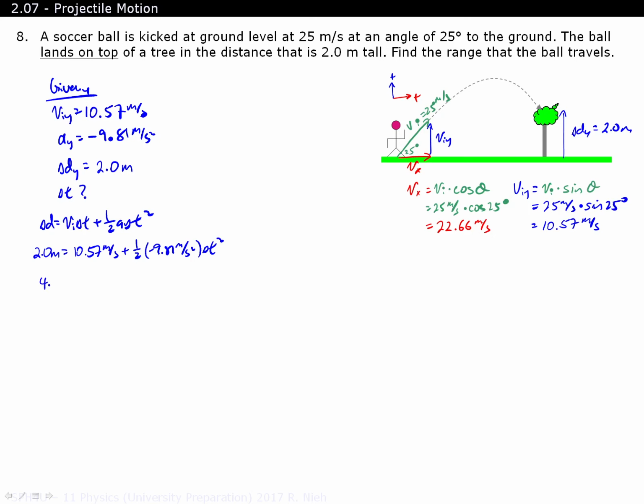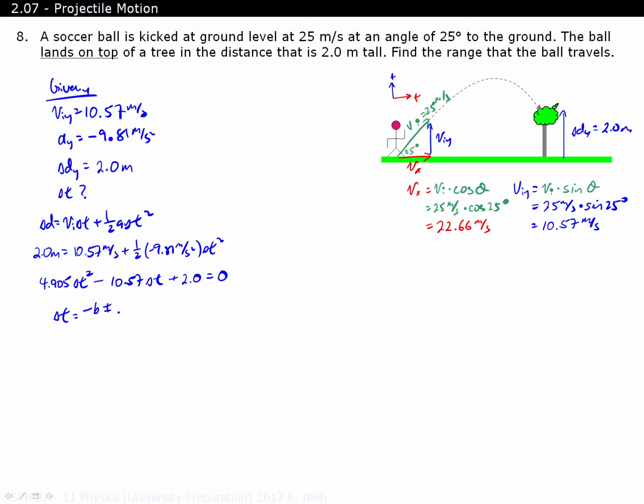So I have positive 4.905 delta t squared minus 10.57 delta t for the first one. And since 2 meters is already on the left-hand side, it still remains as positive 2, equal to 0.